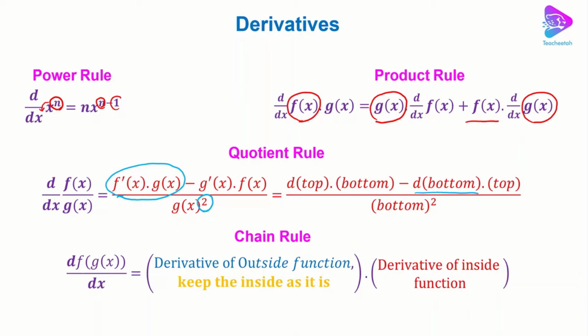If we look here, the outside function is f and the inside function is g. So we take the derivative of the outside function, keep the inside as it is, and then multiply it with the derivative of the inside function. In order to have a review on all of these rules, you can watch our previous videos.